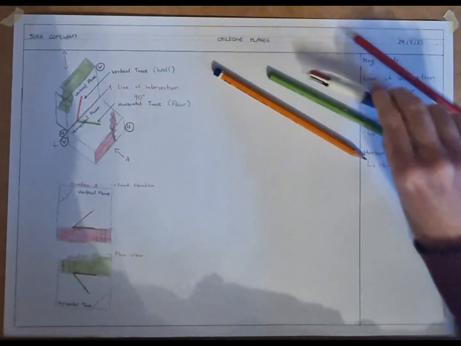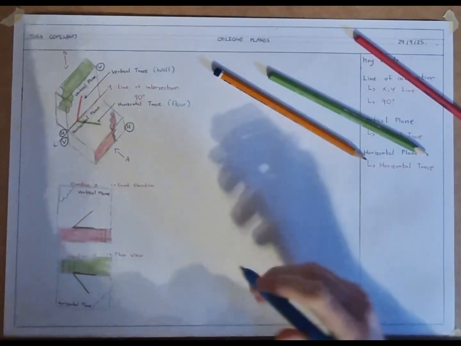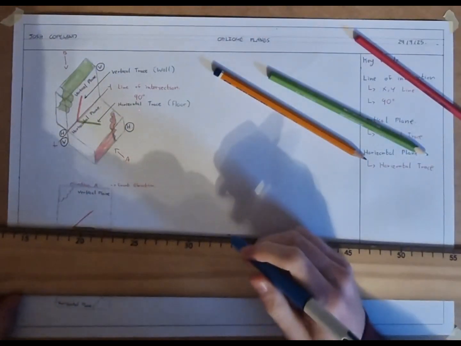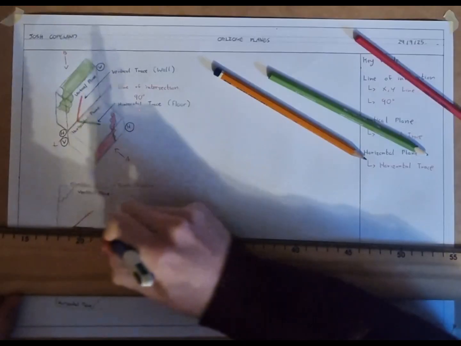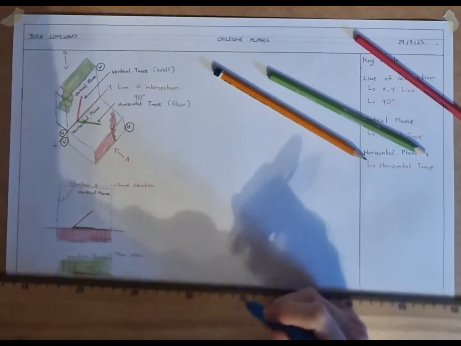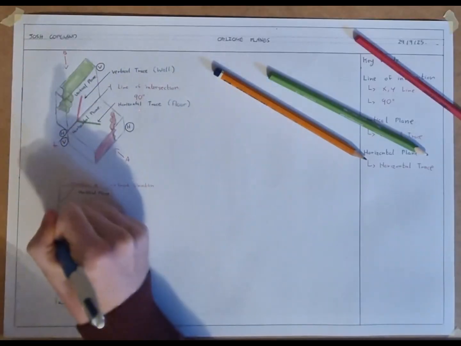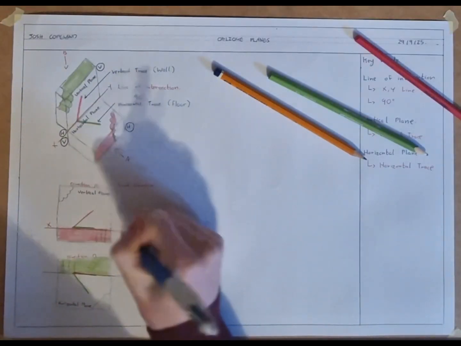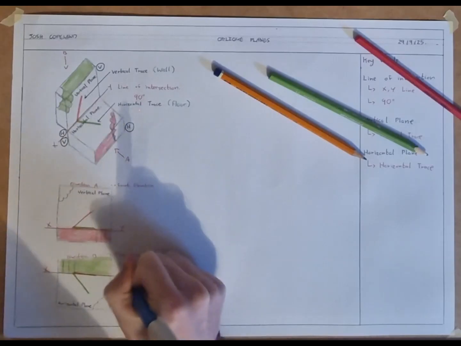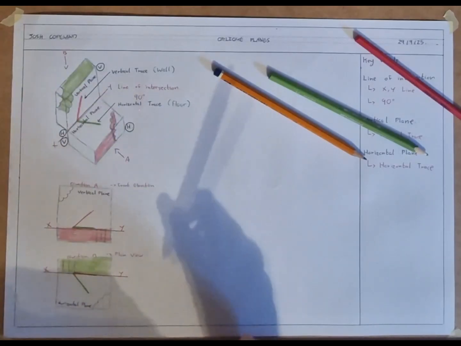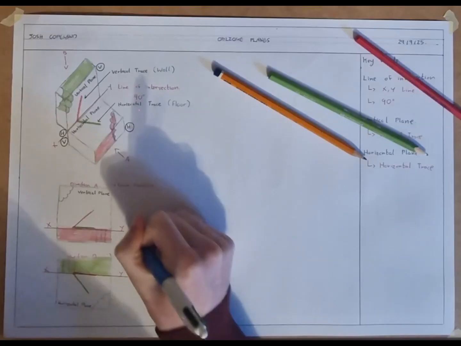So, to make it a little clearer, let's label in our XY line. So here is our XY line, and here is also our XY line. Just label that XY and XY. We also determined that it is our line of intersection.